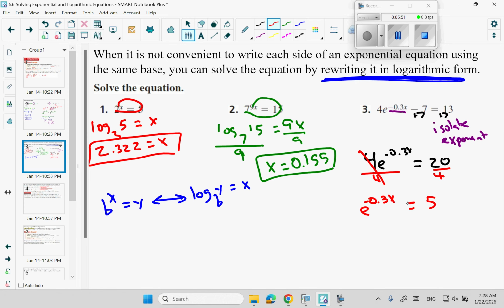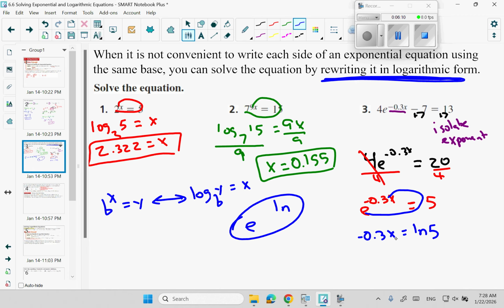You have to get whatever has the exponent by itself first, then you can spiral it. So I could spiral this. And then I have to remember that e goes with the natural log. So this would be natural log of 5 equals negative 0.3x, which means I could divide by negative 0.3 to get x by itself.